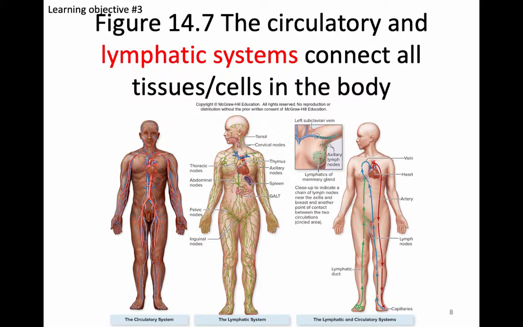Important for the second line of defense are the lymphatic and circulatory systems because these connect all cells and tissues in the body. The circulatory system is our system of vessels which circulates oxygenated blood throughout our bodies. The lymphatic system, shown in green, closely mirrors the circulatory system and serves as a filter for the liquid portion of the blood.